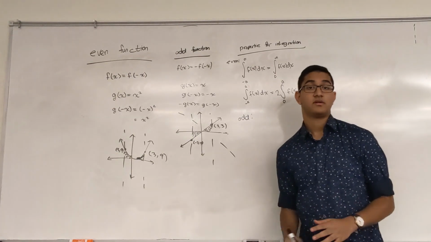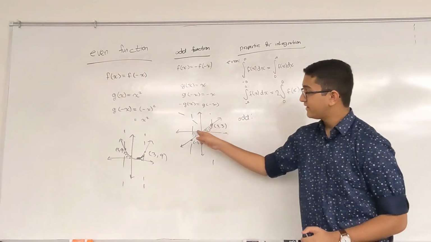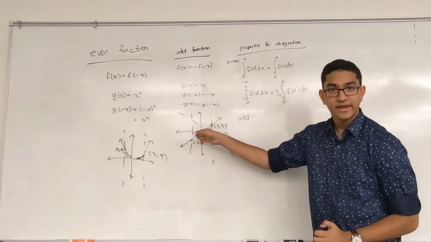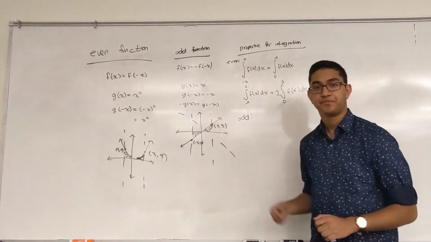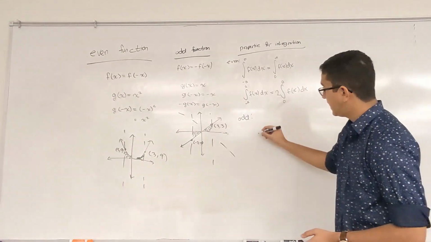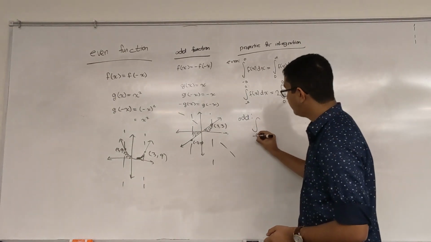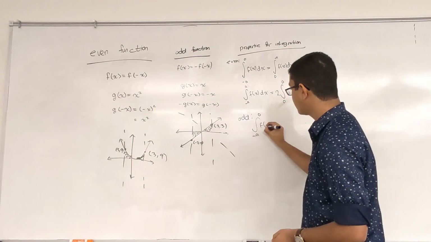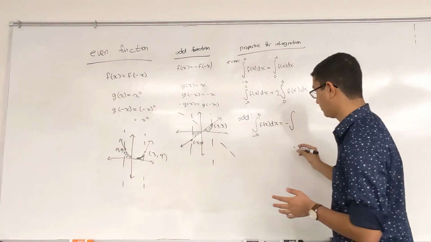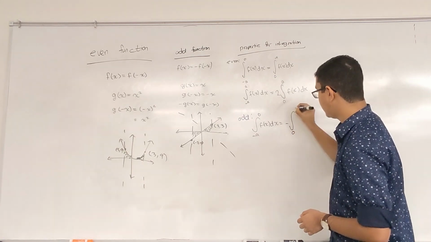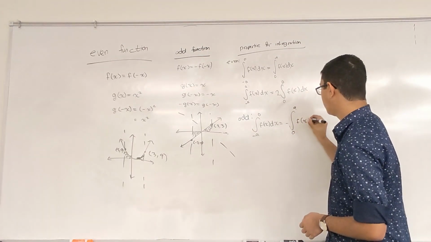So what this means in other words is that negative 3 to 0 is the negative integral of 0 to 3. So we can write that as negative a to 0 of f of x dx is the same thing as the negative integral from 0 to a of f of x dx.